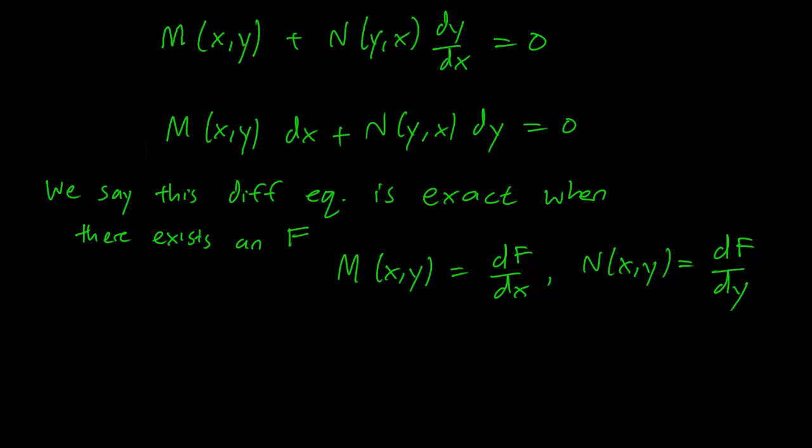I'm not sure why I wrote yx there and xy everywhere else. Let me just fix that. Alright, xy is everywhere. So if a function f exists that does this, then we say that this differential equation is exact.